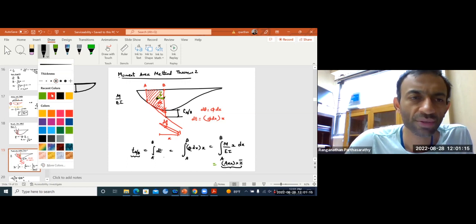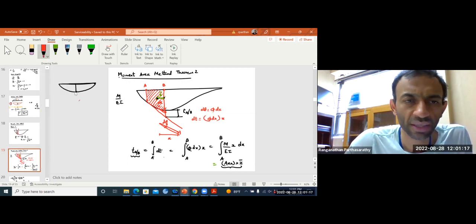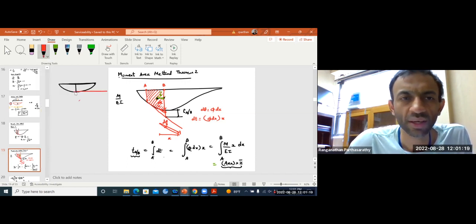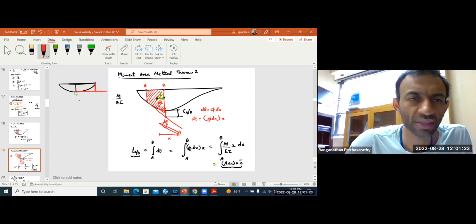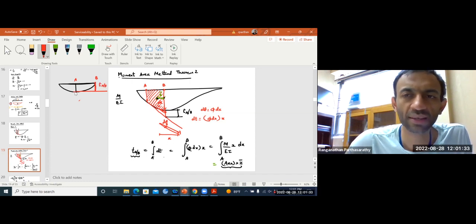Now, how to use the theorem? You draw a tangent here, draw a tangent here. What is the distance between this point and the tangent? That's the deflection that you need. So if you take this point as A and this point as B, then your answer is just T AB directly.